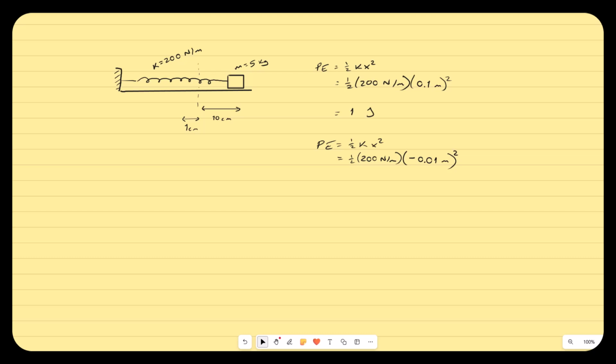So when I do this, I get 0.01 joules, still positive. Because I'm putting in a k, which is always positive, and I'm squaring x, I'm always going to get a positive potential energy with a spring, or 0 if I'm at equilibrium. So my change in potential energy is PE final minus PE initial. 0.01 minus 1 is negative 0.99 joules. There's an example with all three types of potential energy that I'm going to really be working with in this course.